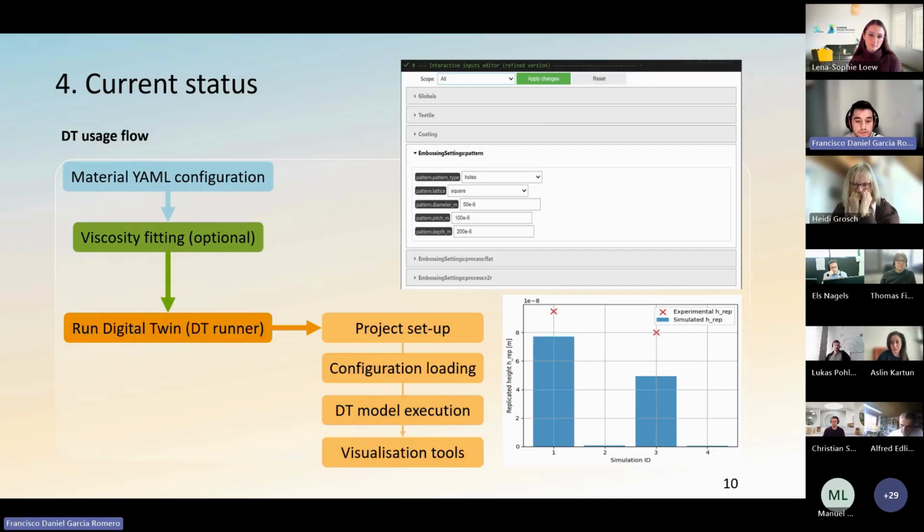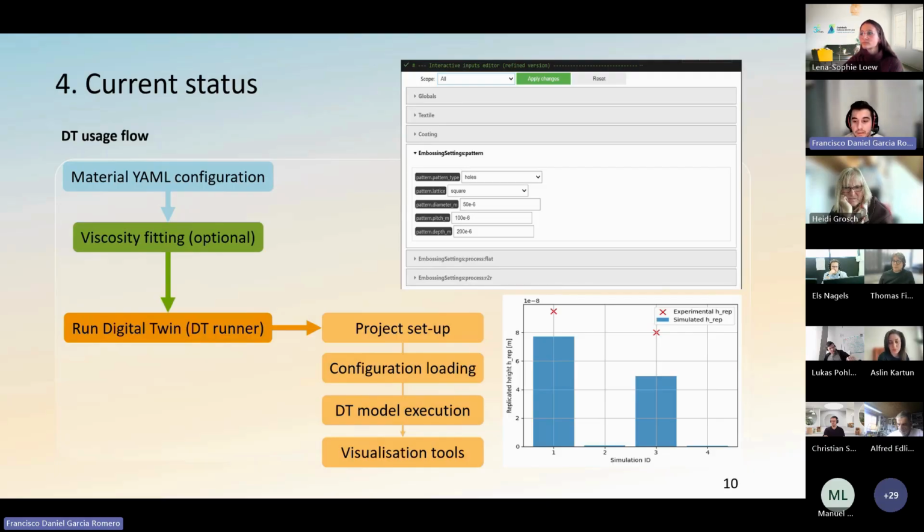of the simulations. Before that, we also have an interactive inputs editor, as you can see above, where you can change the values that you want to simulate without needing to go to the original files that you had in the digital twin. So the user doesn't have to change that in the original files. And finally, you can obtain results and visualize them in different ways.